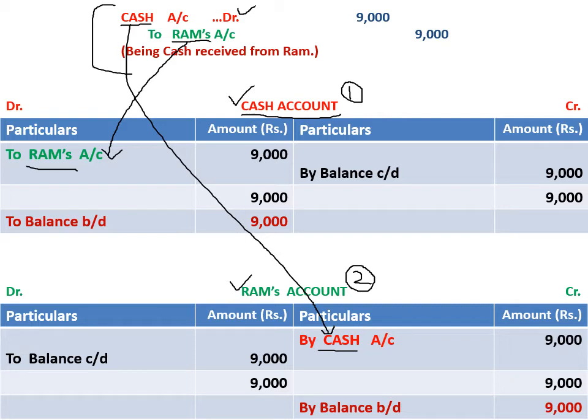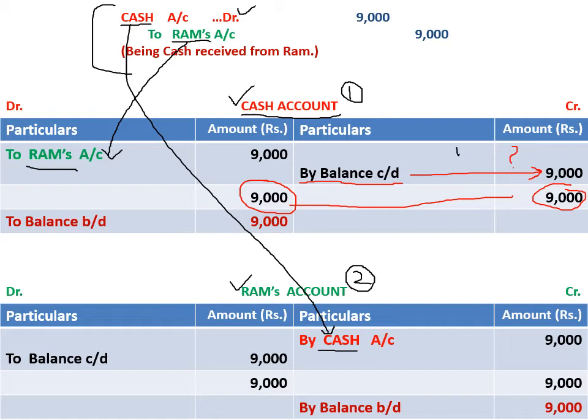We will total this debit side as rupees 9,000 and write the same 9,000 on the credit side. Now the credit side was empty, so we will write here "By balance c/d", and this is the missing figure, 9,000 rupees.